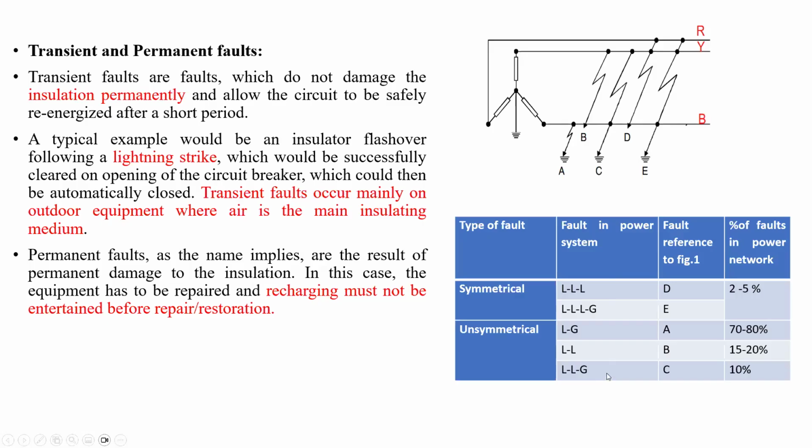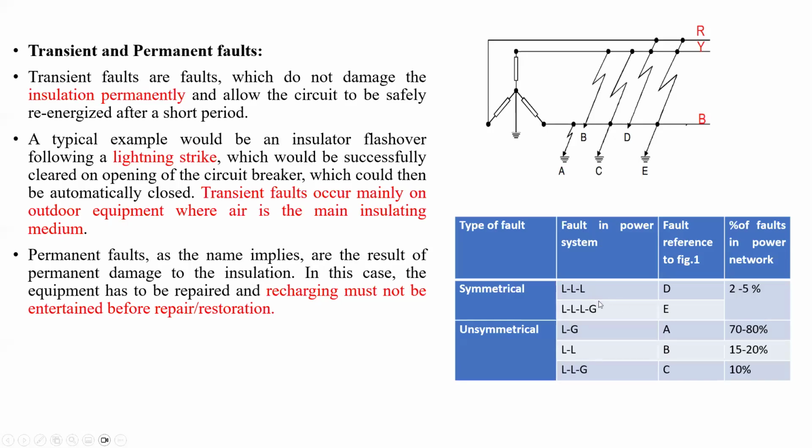If you consider the total as 100%, then unsymmetrical faults take a larger percentage of power system faults. Here you can see the line to ground fault: there will be a 70 to 80% chance. Line to line faults will be 15 to 20%, double line to ground faults about 10%, and triple line and triple line to ground faults 2 to 5%.